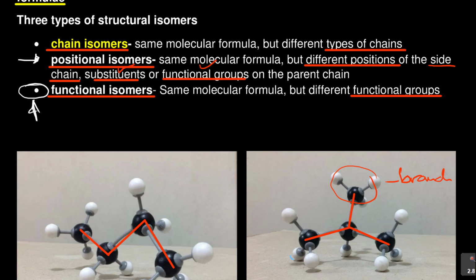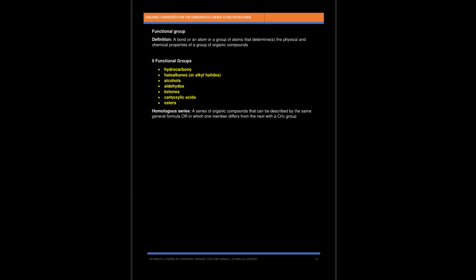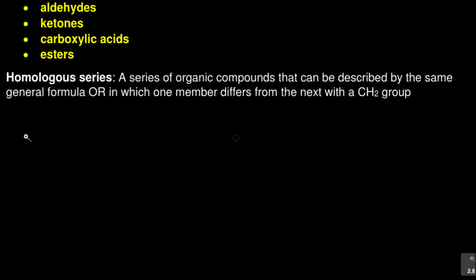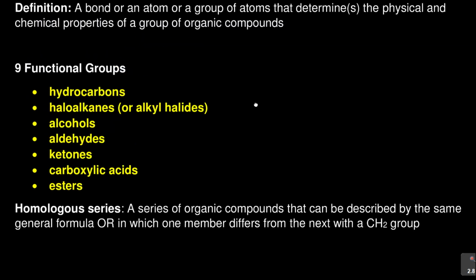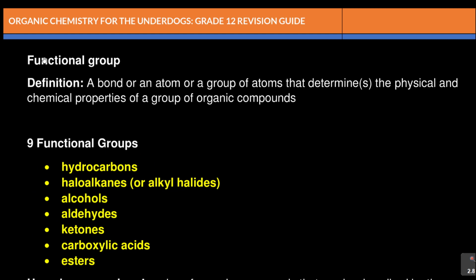So guys, we've come to the end of this lesson. Now what is the next lesson? Look at the next lesson so that you will be able to flow. The next lesson is talking about the functional groups. After you know the functional groups, you might be in a better position to understand a functional isomer.